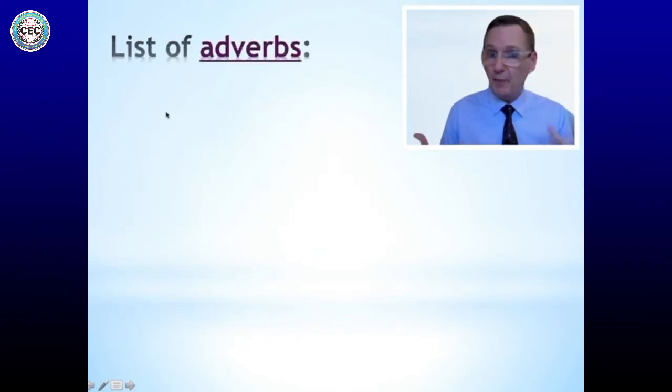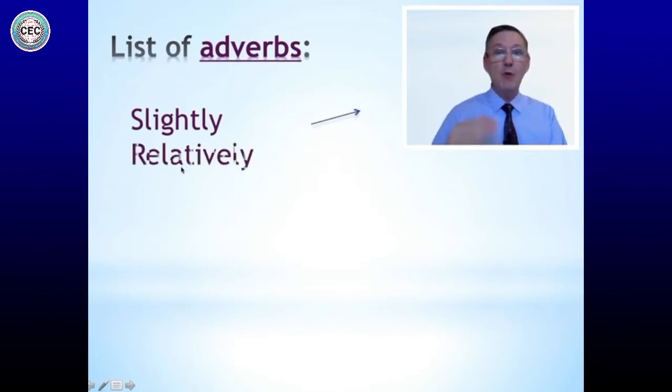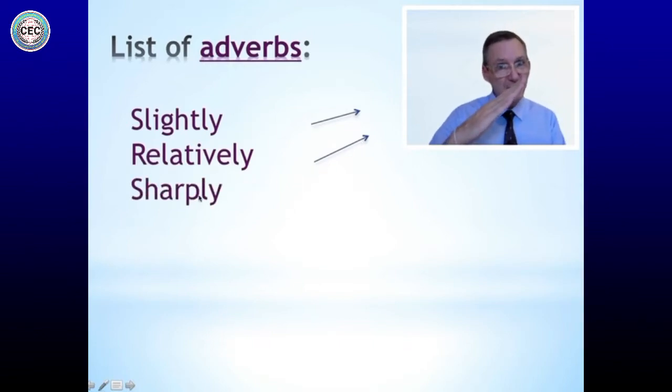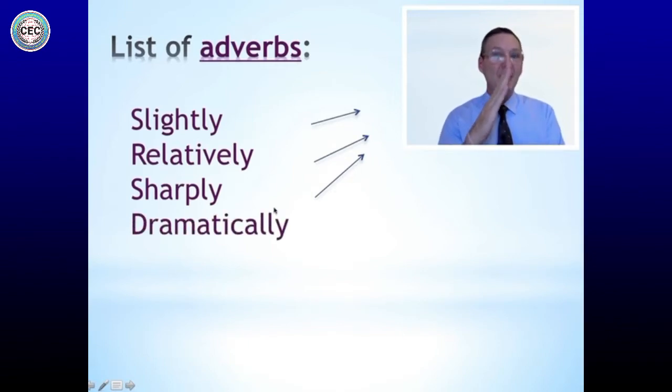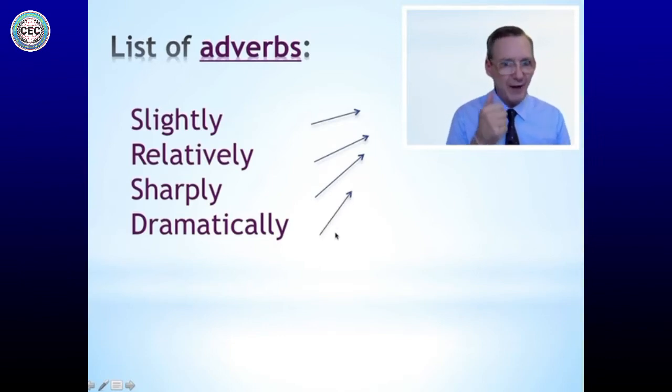Let's do the adverb, same thing. Connect a line with the adverb. So, slightly looks like that, right? Relatively looks like that. Sharply, it's a little bit more, right? Sharply. Dramatically, say it correctly.